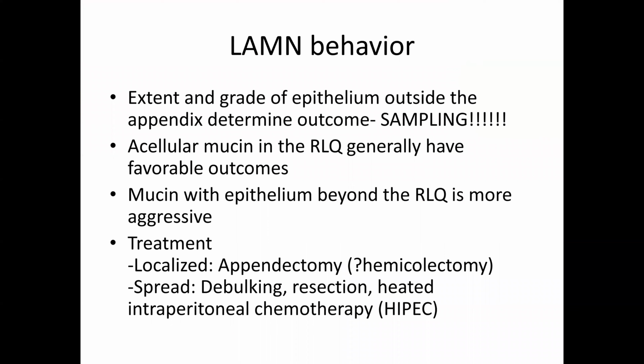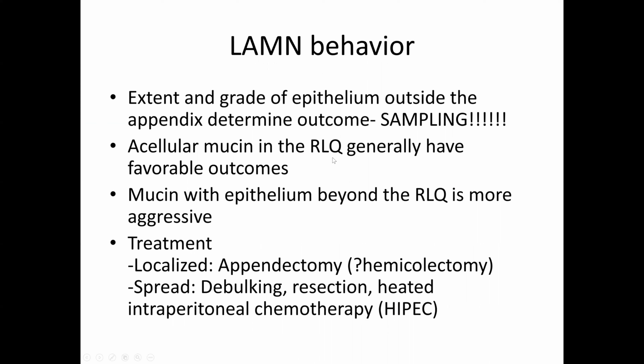So how do these low-grade mucinous neoplasms behave? Well, that is in part dependent upon the extent of the epithelium that's outside the appendix. And certainly you want to sample it so thoroughly that you can speak confidently and say that it is all low-grade. You don't want there to be any high-grade areas.